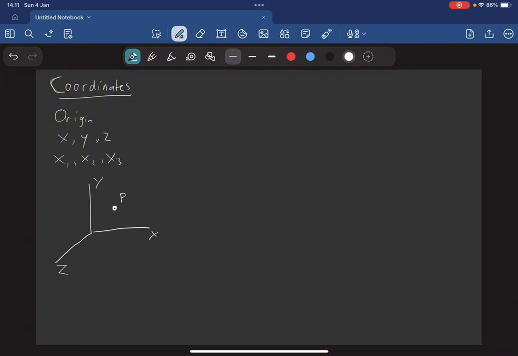The x-coordinate represents the perpendicular distance of P from the plane defined by setting x equals 0. So like this. Plane where x equals 0.